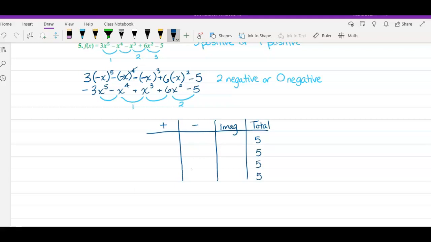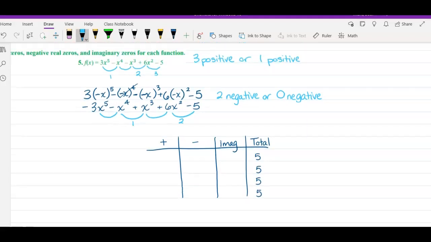All right, let's put our combinations together. We could have 3 positive, 2 negative. That doesn't leave any room for any imaginaries, for a total of 5. We could have 3 positive and 0 negative, which leaves room for 2 imaginary. I could have 1 positive and 2 negative, which leaves room for 2 imaginary.